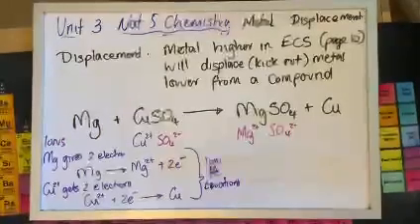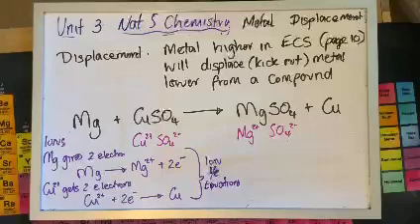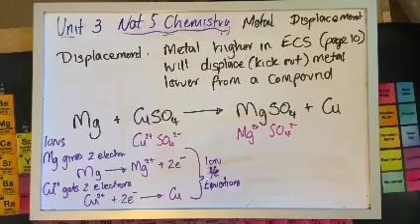What is happening is the magnesium is giving up 2 electrons. So it's going from a magnesium atom to being a magnesium ion, so it will dissolve in the liquid. Those 2 electrons are being picked up by the copper ion, turning it from a copper ion into a copper atom. These are called ion half equations, and they can be put together.